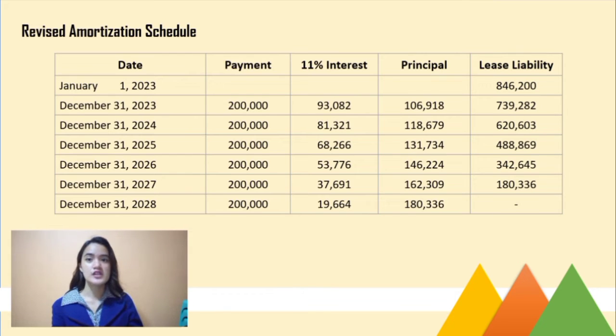So it will result to the amount of 739,282 pesos. So same process yung gagawin natin until maka-reach tayo kay December 2028 na kung saan fully paid na yung lease agreement natin, wala na tayong lease liability.